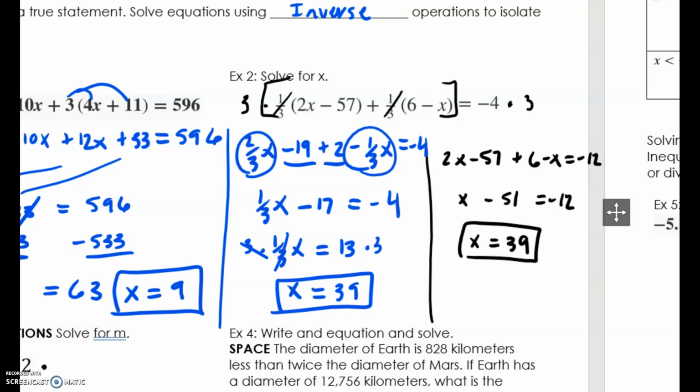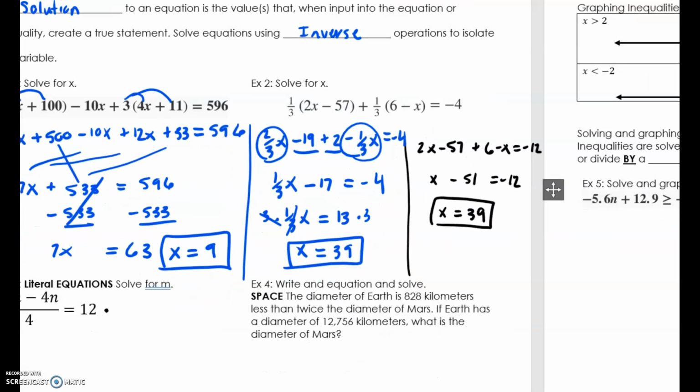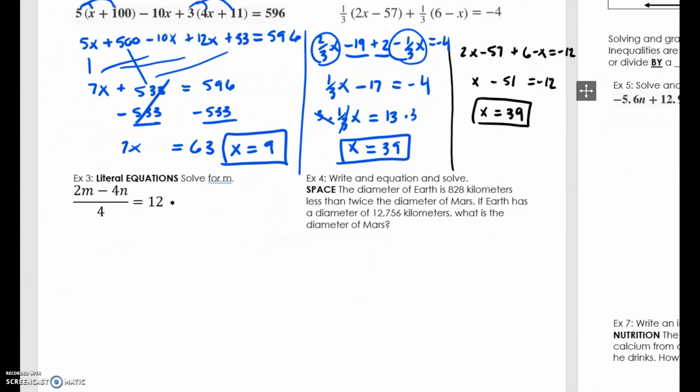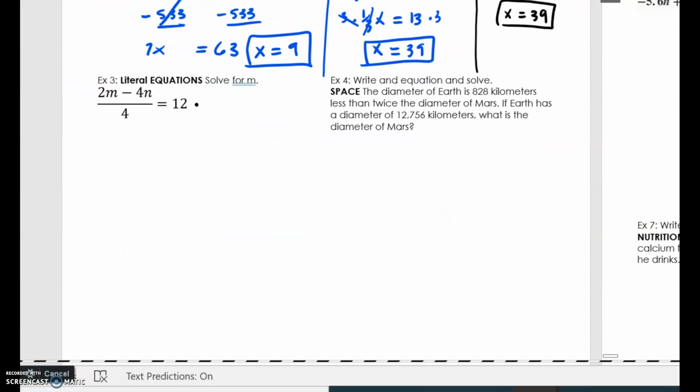So I had 2x minus 57 and 6 minus x equals -12 on the other side. There's just another route for solving that same problem, and I just want to remind you that there's not only one way. A lot of times there are multiple paths to get to the same solution when you have multi-step equations. Alright, let's take a look at example 3.